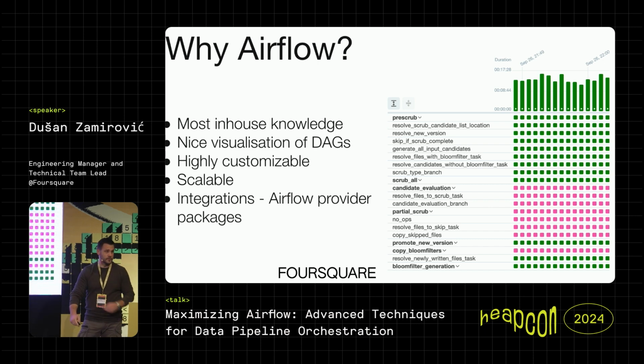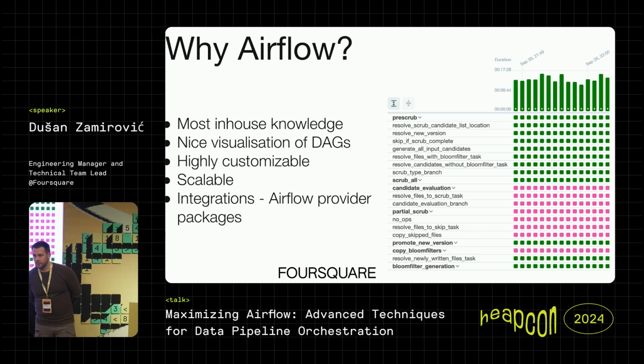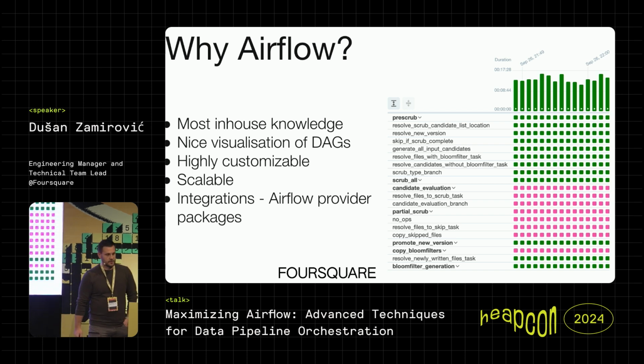It's scalable. We have run our Airflow on top of a Kubernetes cluster. However, now we are changing that a little bit. We are working with Astronomer, and part of our Airflow infrastructure is being hosted and maintained by the Astronomer organization.